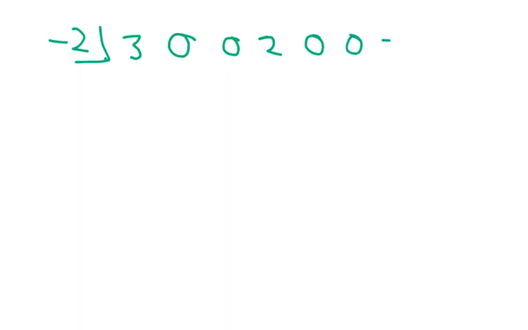So I'm going to put in negative 2 here, and I'm going to put my numbers here as 3, and everywhere there's a placeholder. So that's 0, 0, 2, 0, 0, negative 176. So this was my x to the 6th. This was my x to the 5th, which I didn't have, that's why I put the 0.